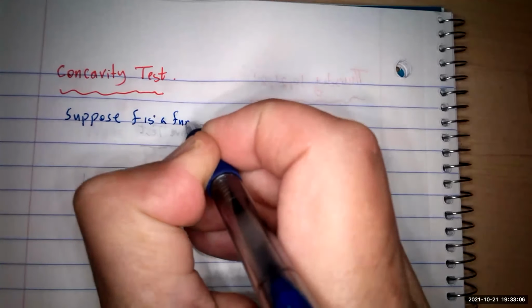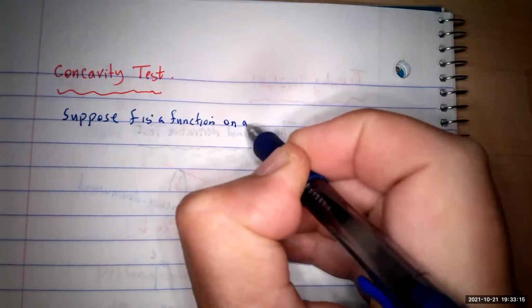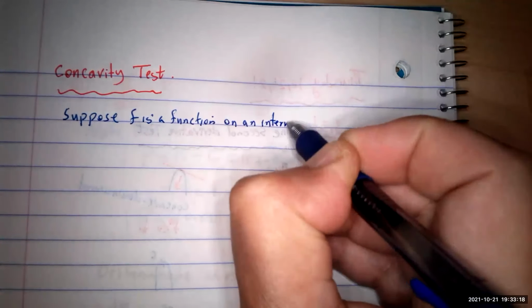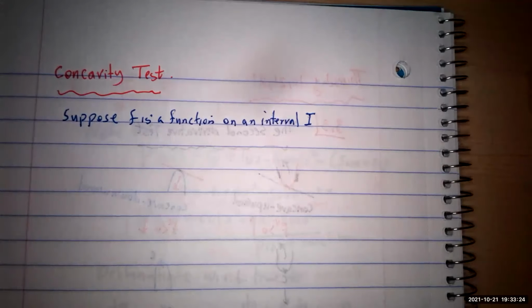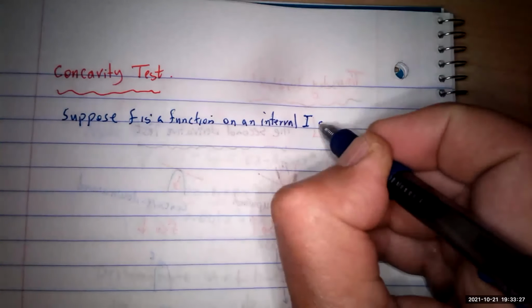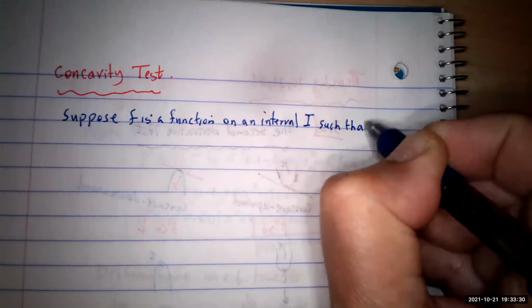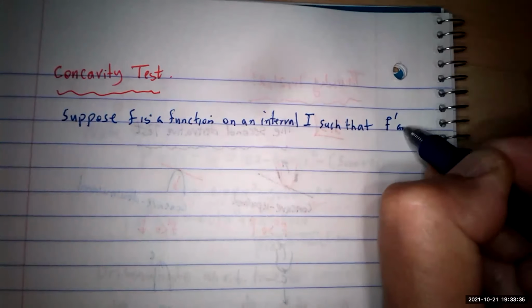Okay, so suppose f is a function on its domain, which is an interval I. We have to guarantee that both derivatives exist, such that f prime, the first derivative, and f double prime.